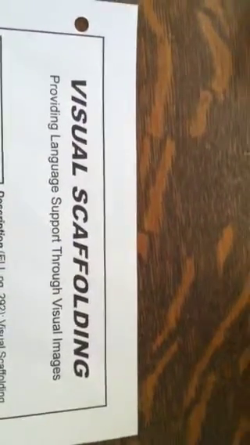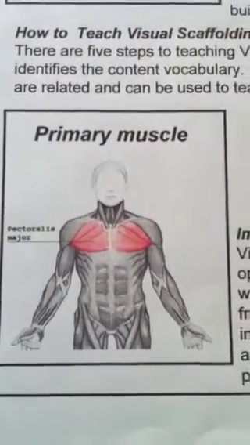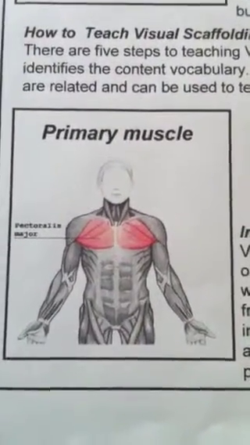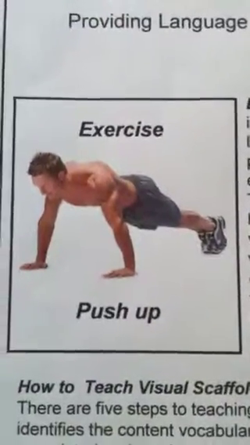For the actual game, the cards are set up like this for the muscles. Each muscle will have a card that the students are able to see, and then a corresponding exercise card.